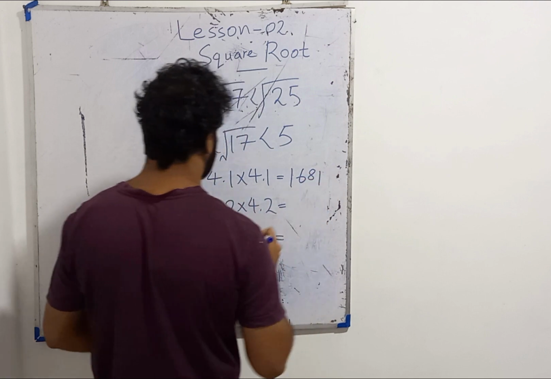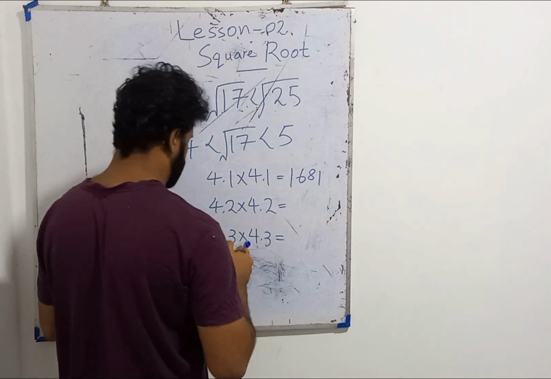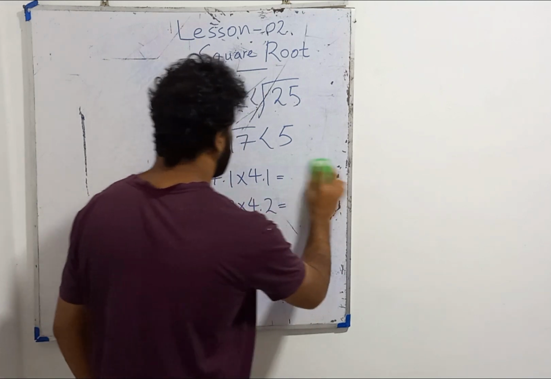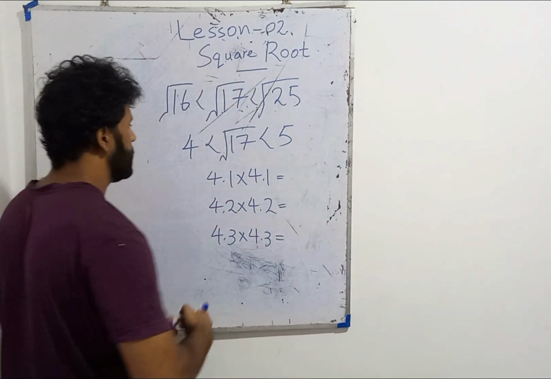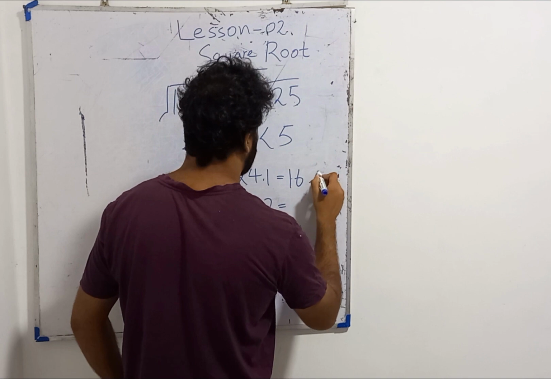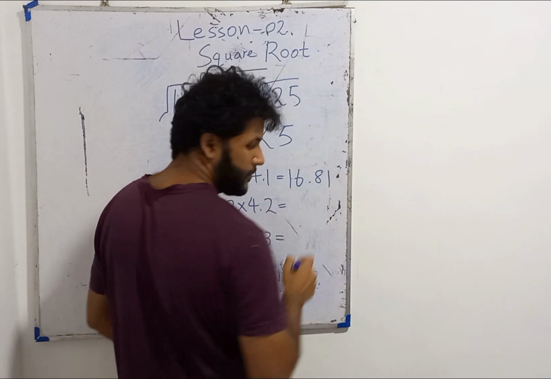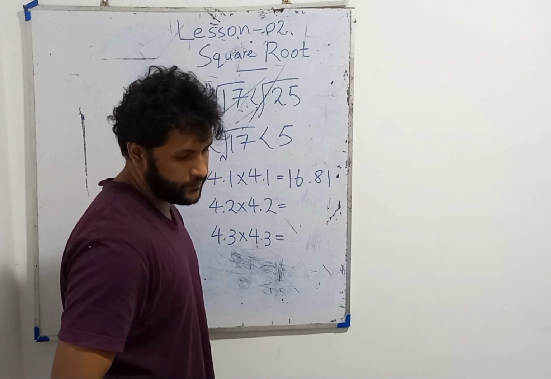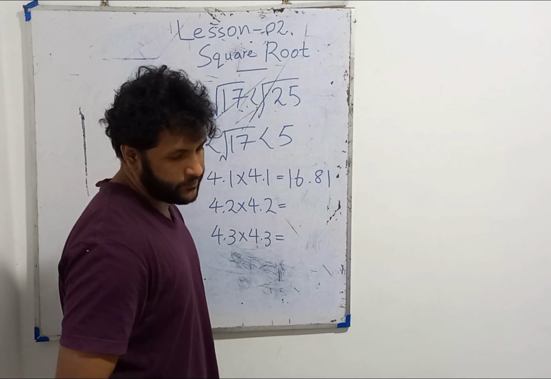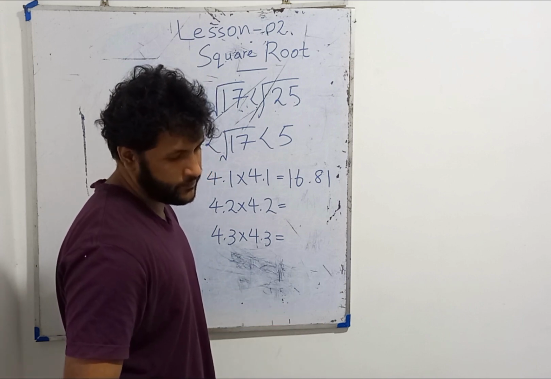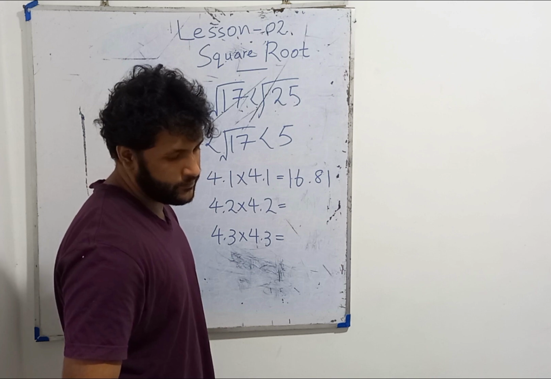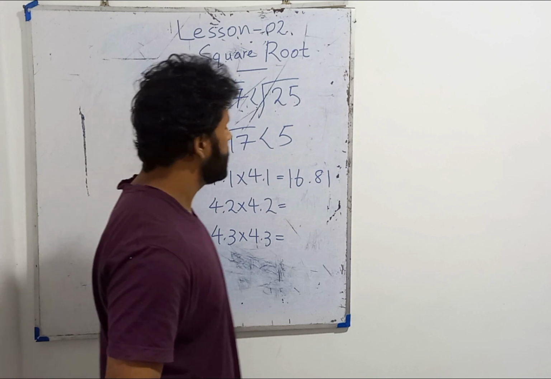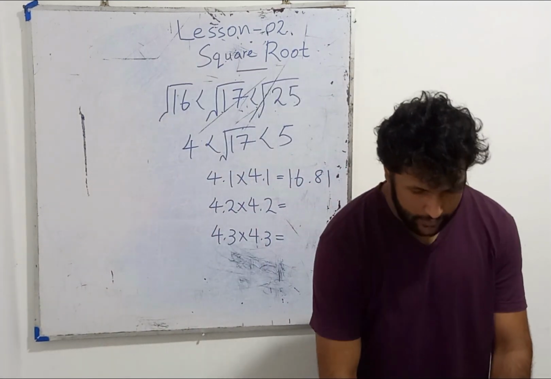You have to place 2 decimal places, which means 16.81, right? Okay, 16.81. I hope this is okay.